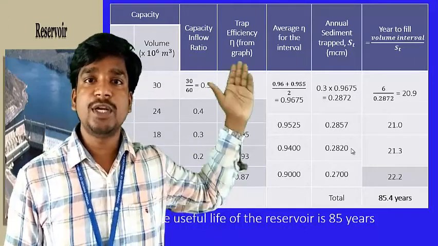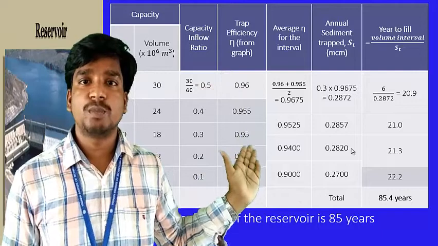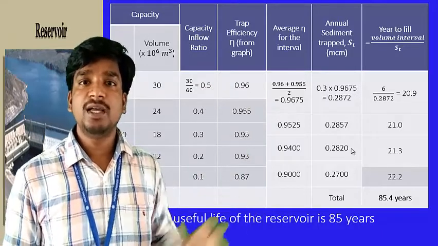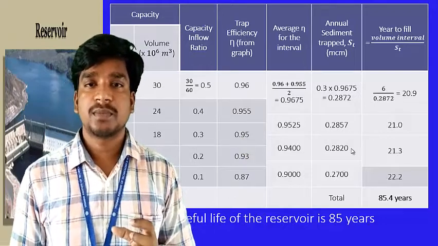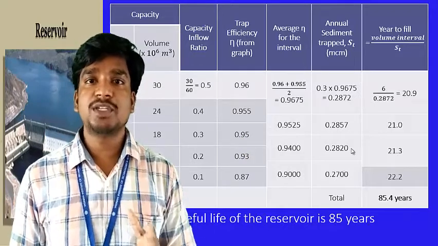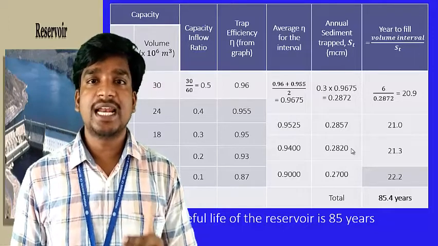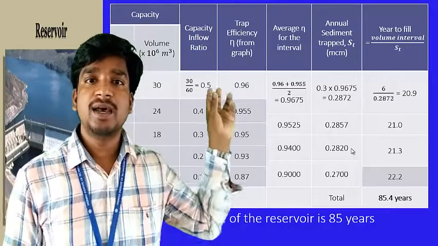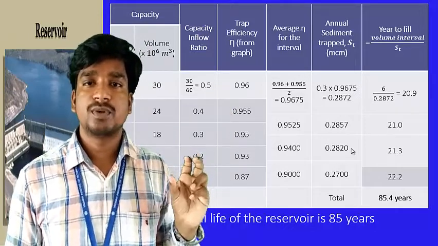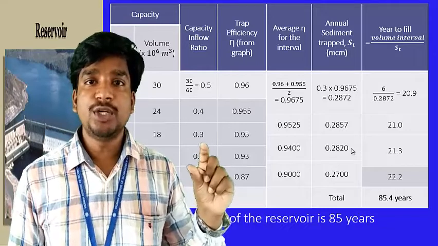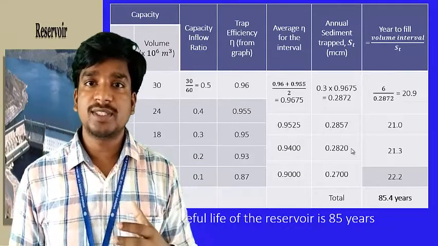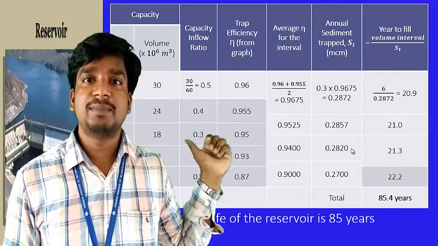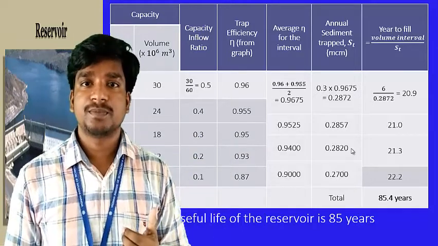Similarly you need to calculate for the remaining ones also: 0.3 multiplied with the average efficiency calculated for the different volume intervals. Now the last column shows that you need to calculate the number of years to fill this particular volume. For this, we need to divide the volume interval by ST, the average annual sediment trapped.